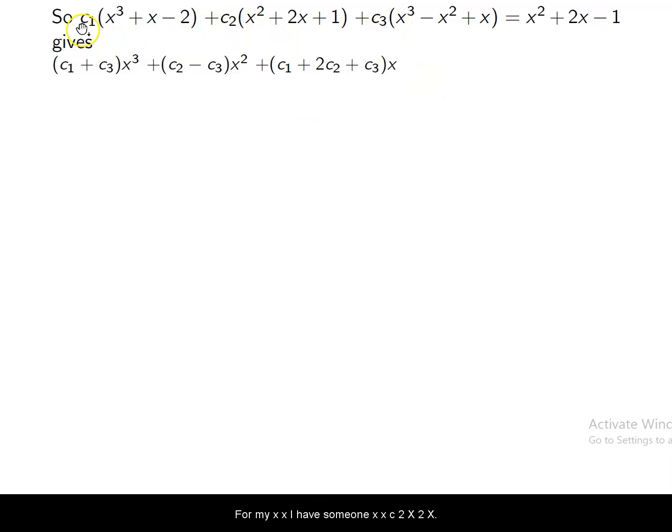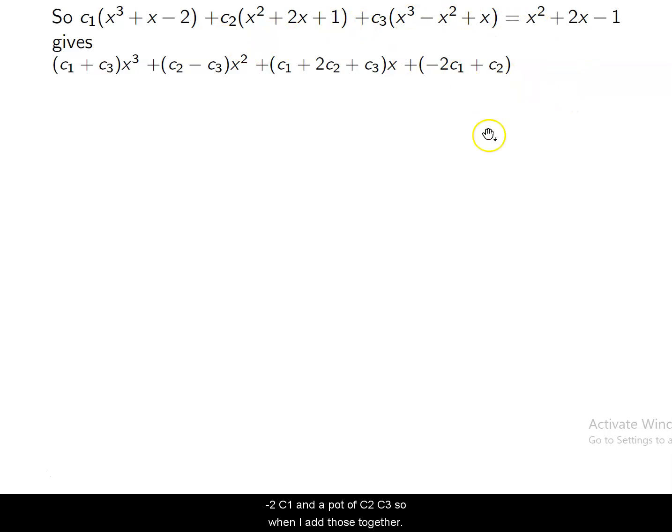For my x terms, I have C1 times x, C2 times 2x, and C3 times x. For the constants, that's negative 2C1 and a C2. There's no C3 term for that. So negative 2C1 and a positive C2, no C3.